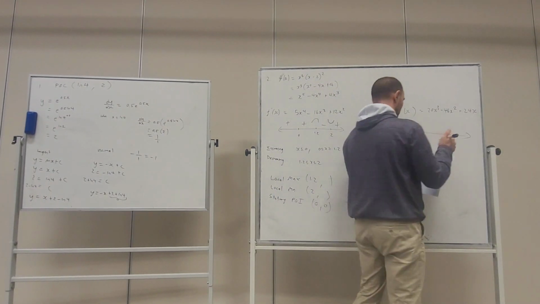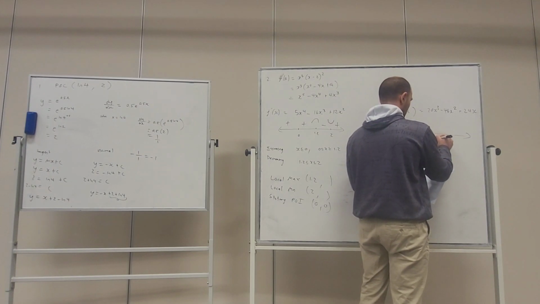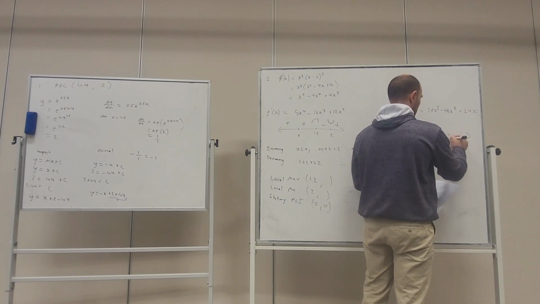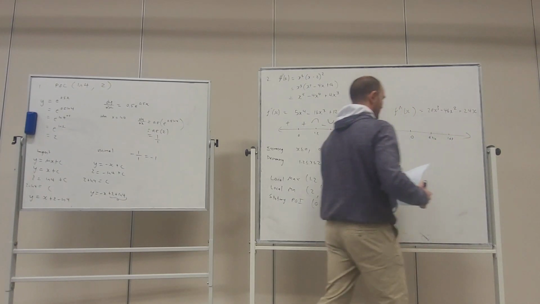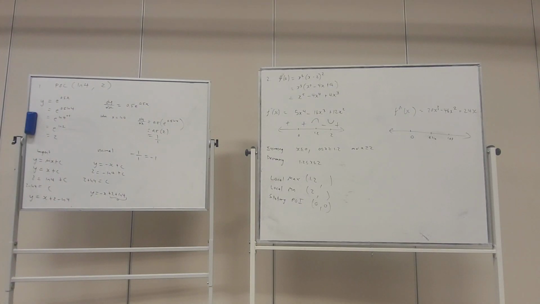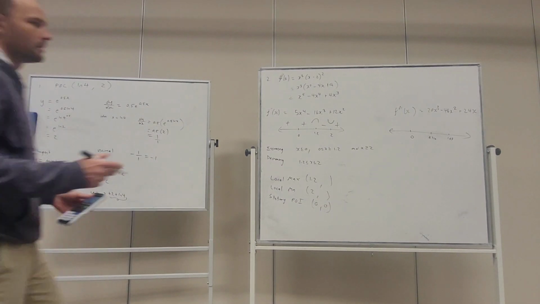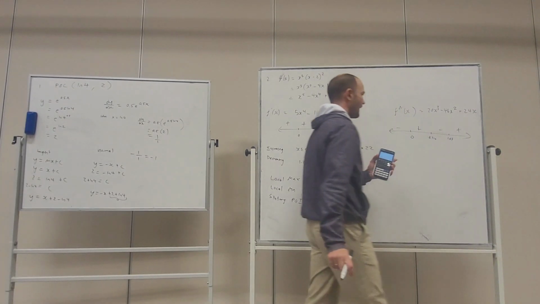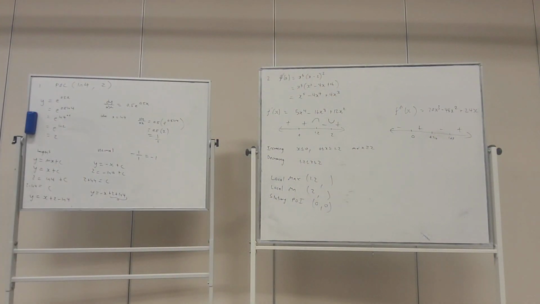We've got 0.710, and we've got 1.689, so we round to 1.69. Okay, so that's f double dash of x, and then we want when it's positive, when it's negative. So we're going from below to above, to below to above. Excellent.